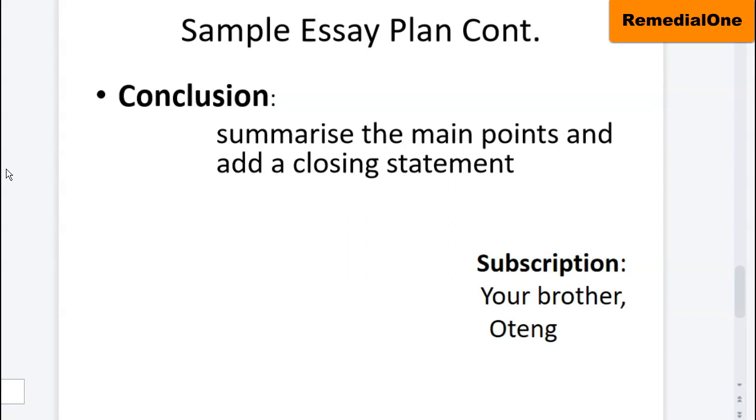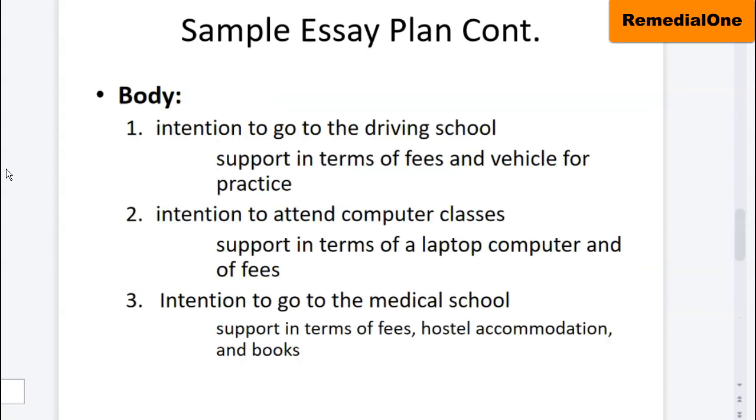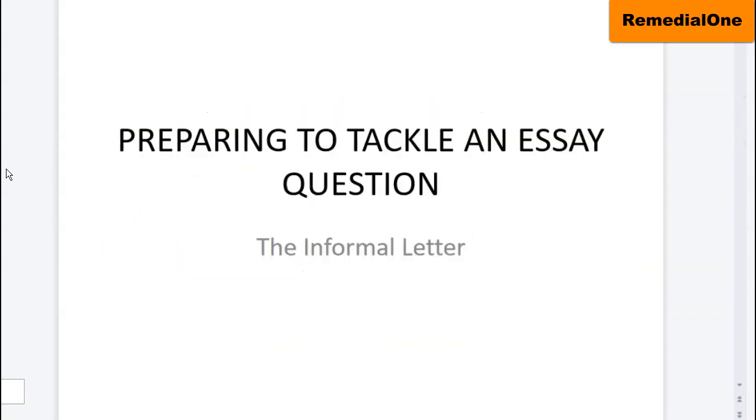As we discuss it here, it may look a bit difficult, but not after real practice. Now let's go through this once more, preparing to tackle an essay question where the question you have selected is an informal letter type. How are you going to go about it?